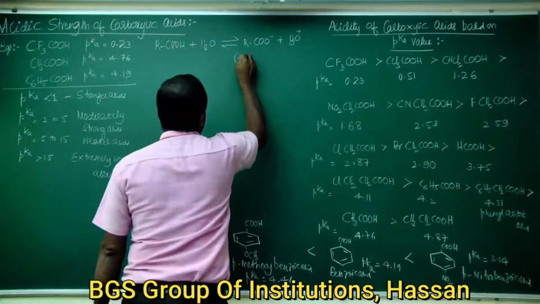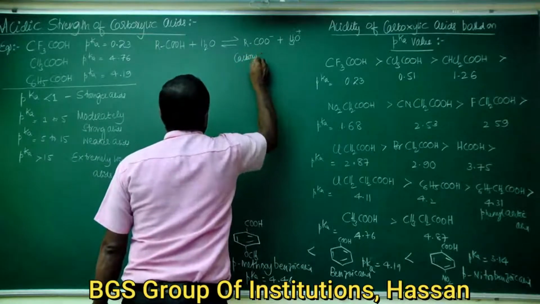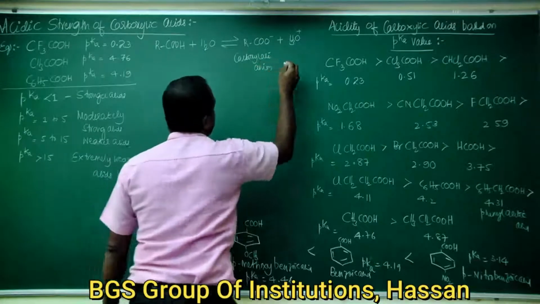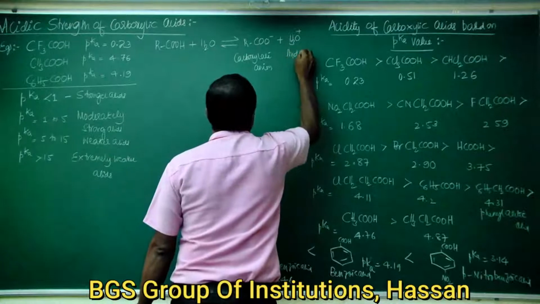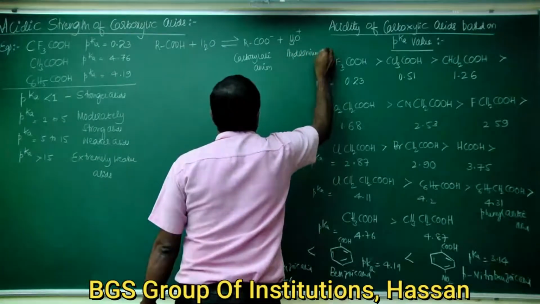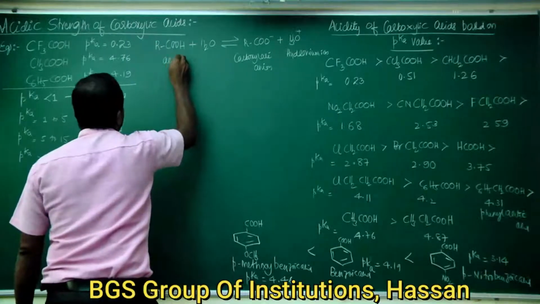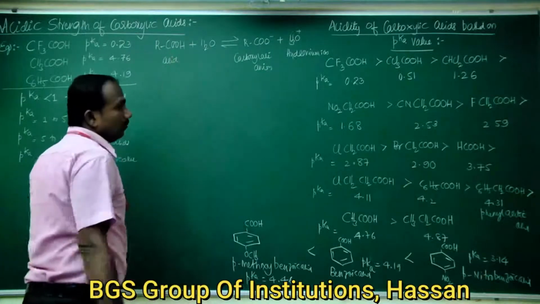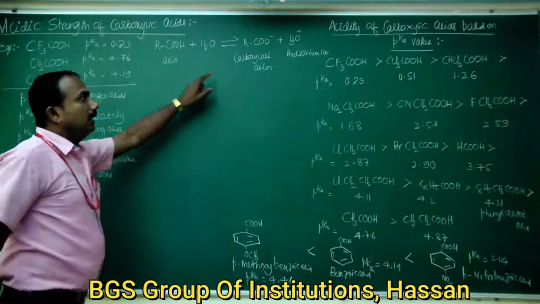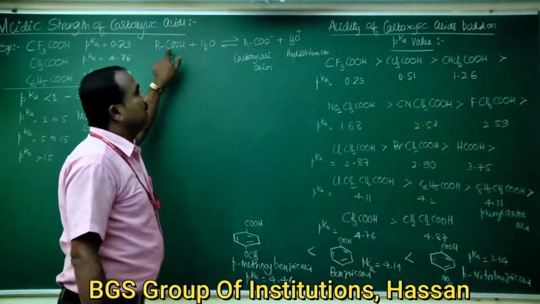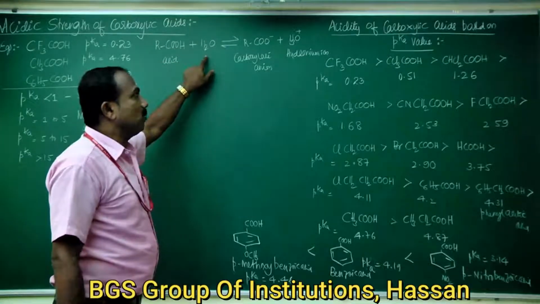This is the carboxylic acid, this is the carboxylate anion, and this one is the hydronium ion. This carboxylate anion is formed when carboxylic acid is treated with water.